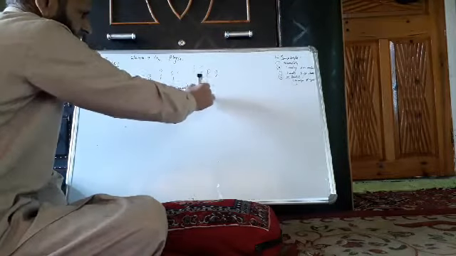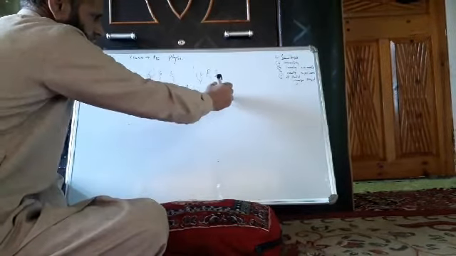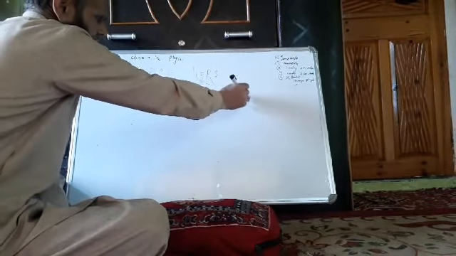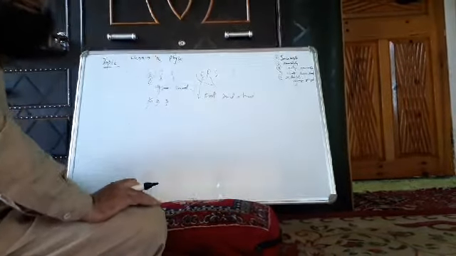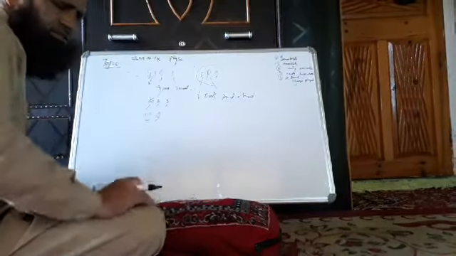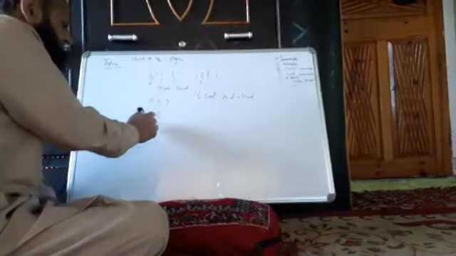For length it was foot, for mass it was pound, for time it was second. But it is now outdated and not used. Nowadays we are using the SI system, Standard International units, which is used all over the world.